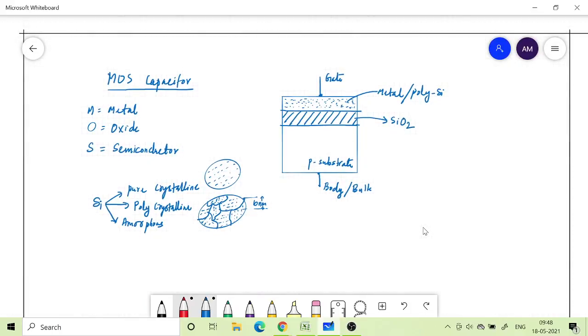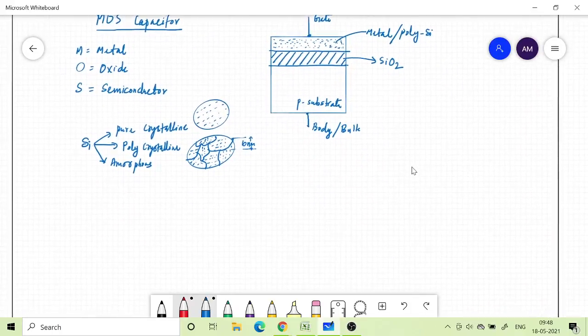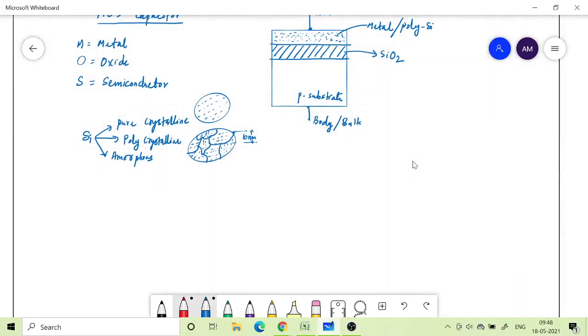Now, to fully understand what is going on, we need to have some idea of band structure. I don't know whether you are familiar with band structure, PN junction band structure.